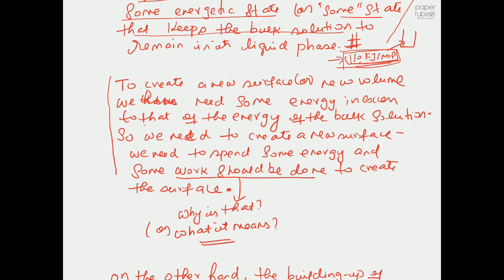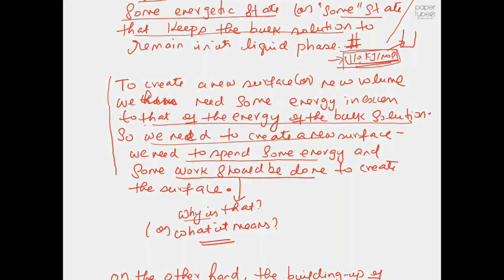Obviously, in nucleation, we need to create a new surface, which means we need to spend some energy and do some work. So some work should be done to create that new surface out of nowhere in that bulk solution. So keep these things in mind.